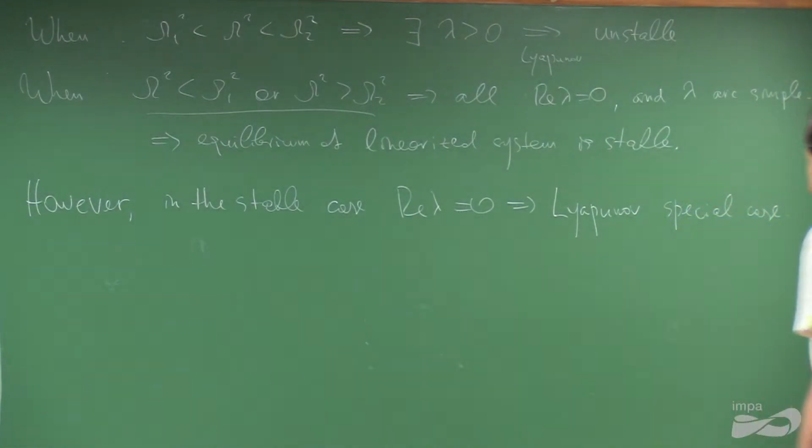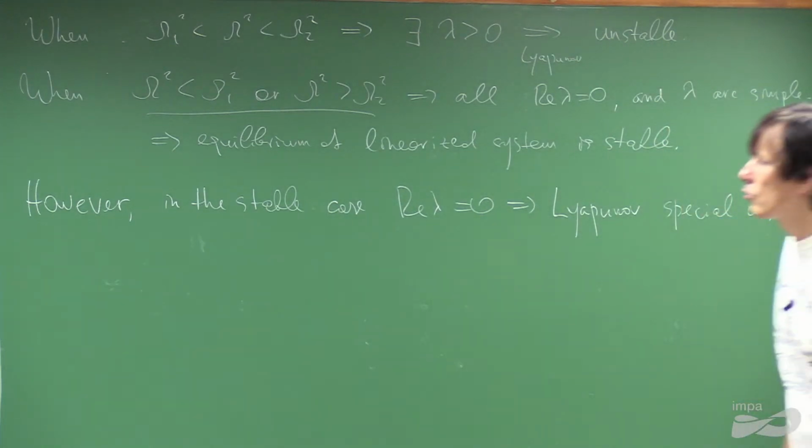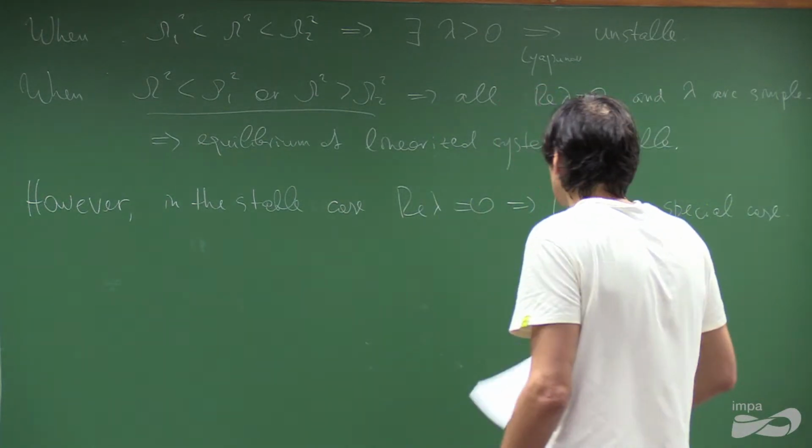So when we're in the Lyapunov special case, we're not sure. This does not guarantee that the system is stable, since all we did was study the stability of linearized systems.